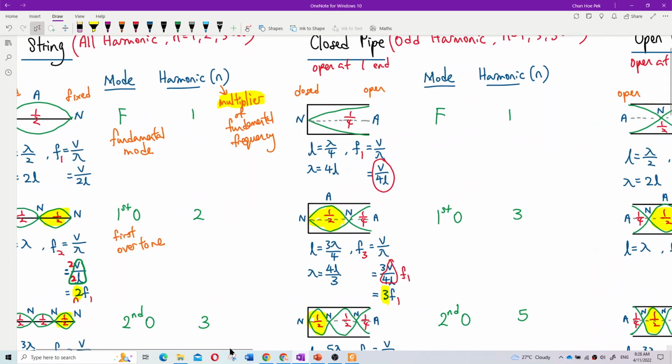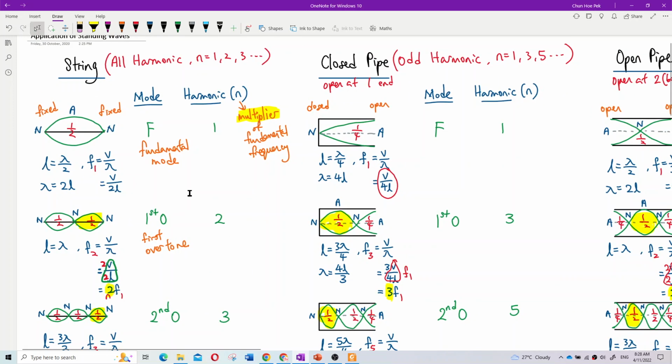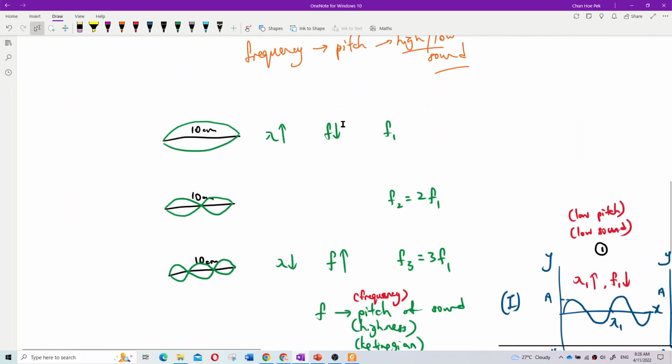Okay. Now, what about this harmonic number? What does it mean by this harmonic number? But first, before I go to harmonic, just now I said the fundamental frequency, and then the first overtone frequency is 2 times, and the second overtone is 3 times the fundamental frequency.